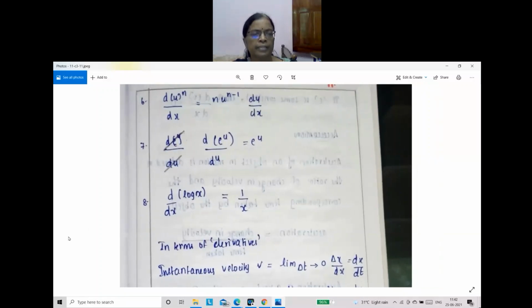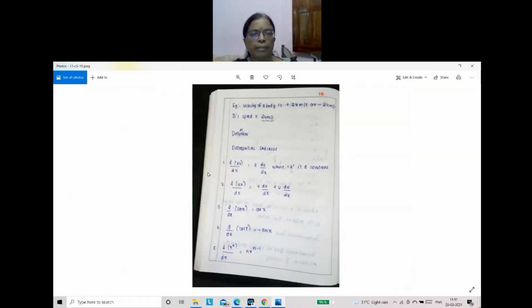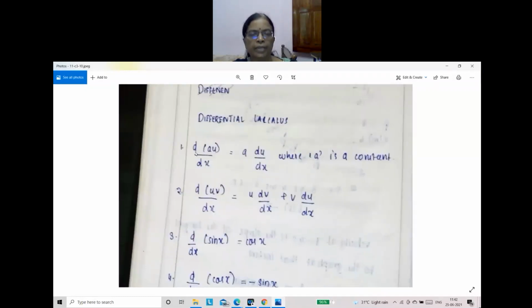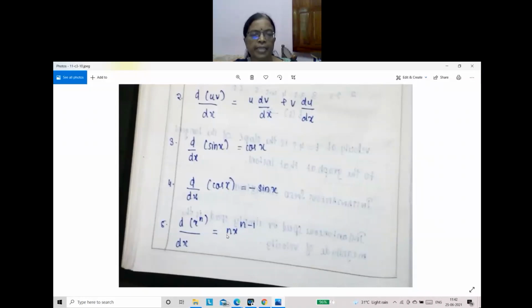I will show you mainly the formulas needed here. When we find velocity, we need the first equation, d by dx of a into u, a into du by dx, where a is a constant. Next, we need only these two formulas now: d by dx of x raised to n, and x raised to n minus 1.